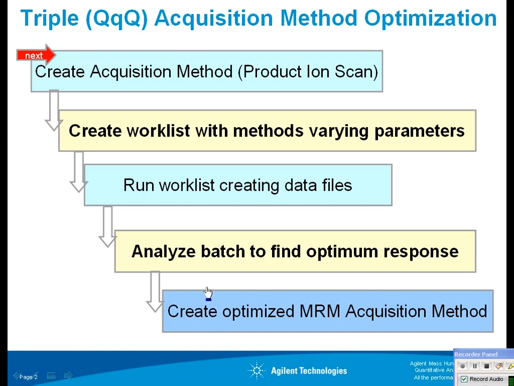And once I've got that information from my product ion scans, I could then go back and use the values for collision energy and fragmenter to create an optimized MRM acquisition method, as discussed previously. That's my goal, for each compound to produce transitions with associated conditions that would give me the highest sensitivity.